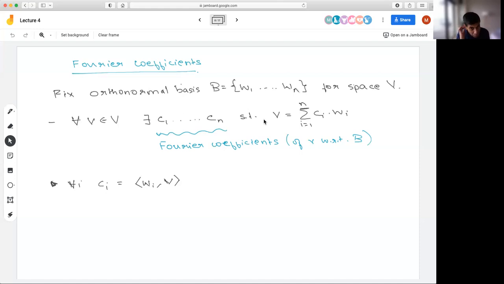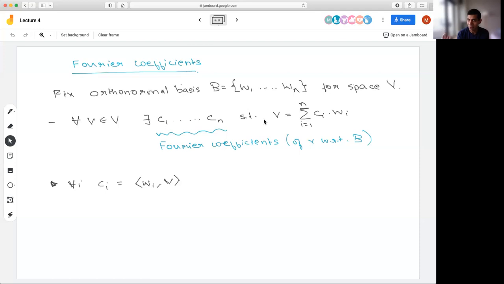Why? Because v is in the span of w1 to wn, and when something is in the span, it just means you can write it as a linear combination. Moreover, because the w's form a basis, these coefficients are unique.